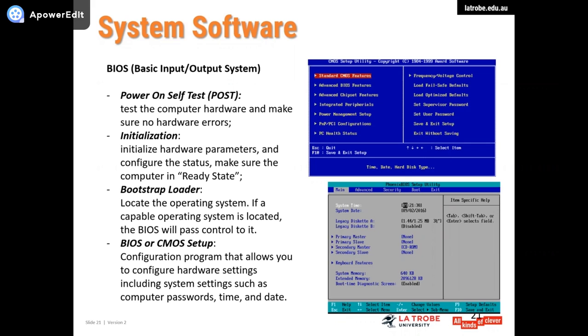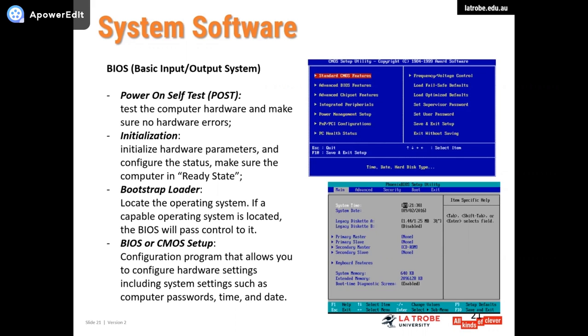Then BIOS will do the initialization. It will initialize hardware parameters and configure the hardware status, making sure the computer is in the ready state. After all the parameters have been correctly initialized, the next step is to boot the system.